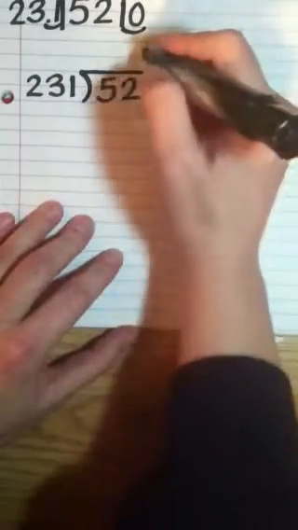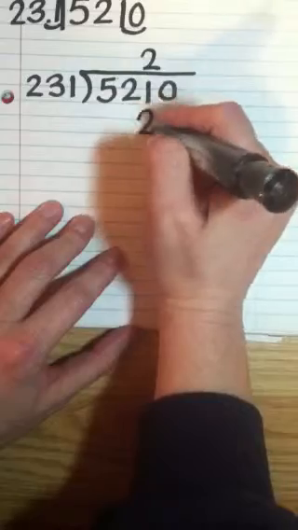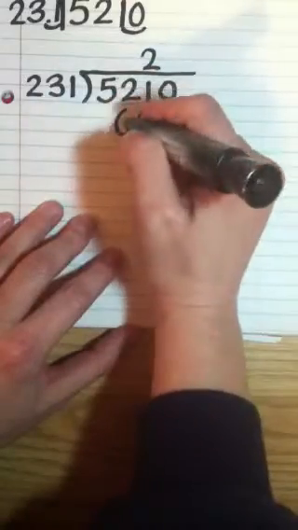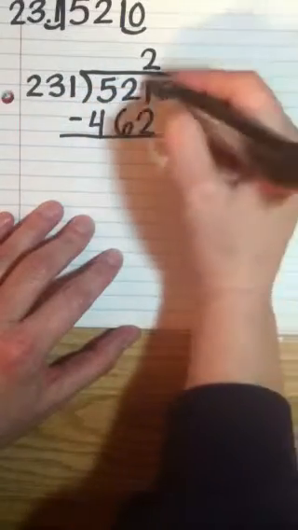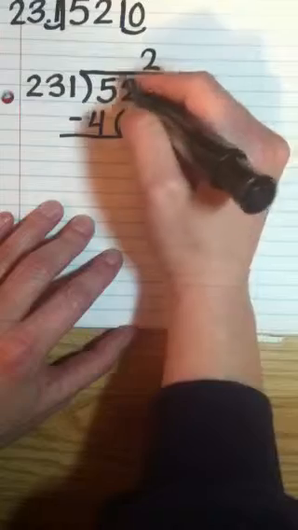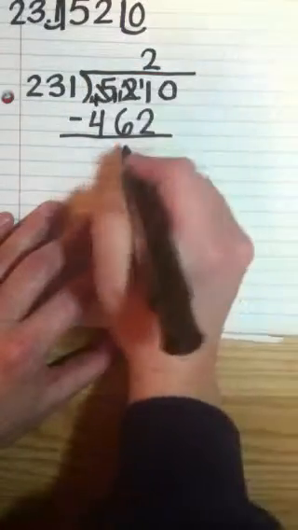So I know that this is 2. 2 times 1 is 2. 2 times 3 is 6. 2 times 2 is 4. I'm going to subtract. 1 minus 2 I cannot do. I'm going to borrow.